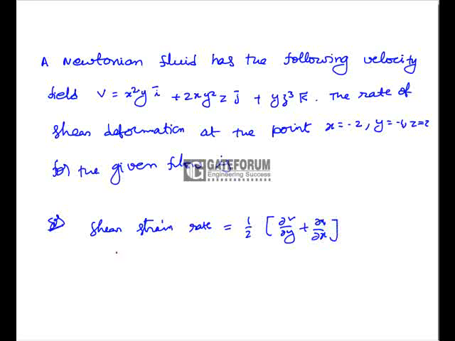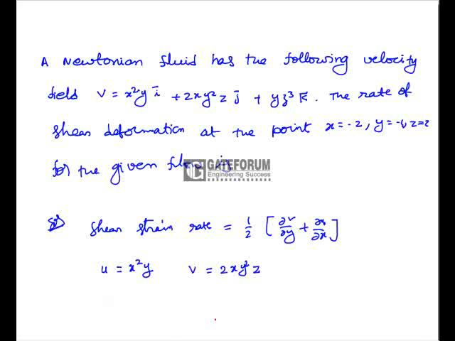So here in the given field, V = x²y i + 2xy²z j + yz³ k. The first term, in the i direction, gives the velocity in the x direction, that is u = x²y. And the second term, 2xy²z, is the velocity in the y direction, that is v = 2xy²z.